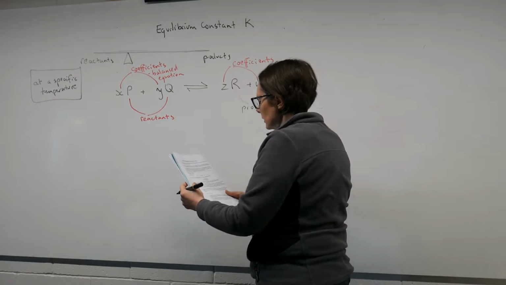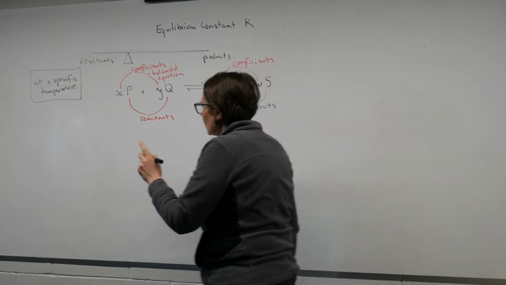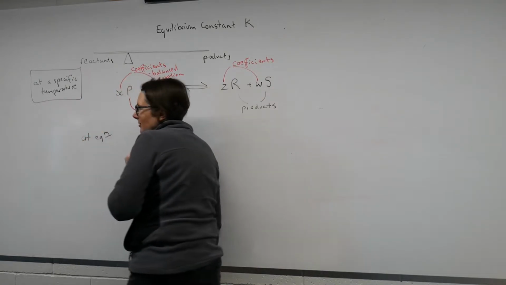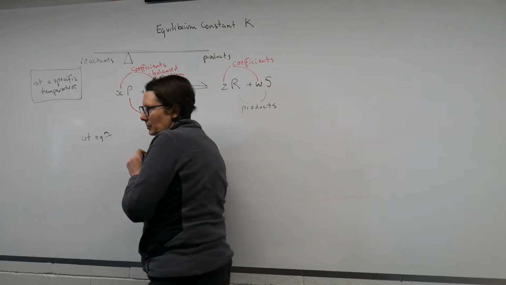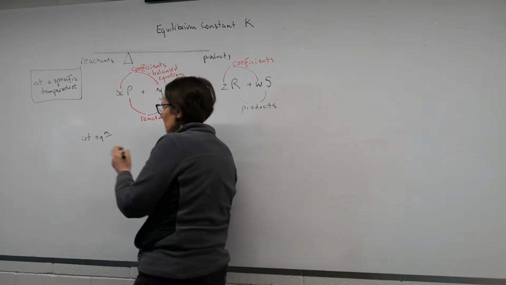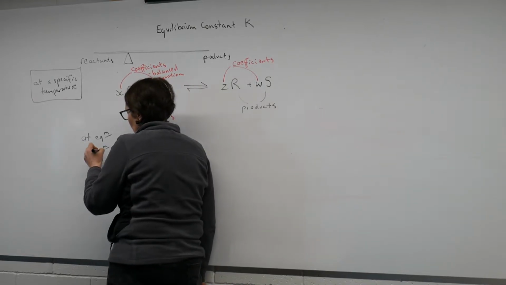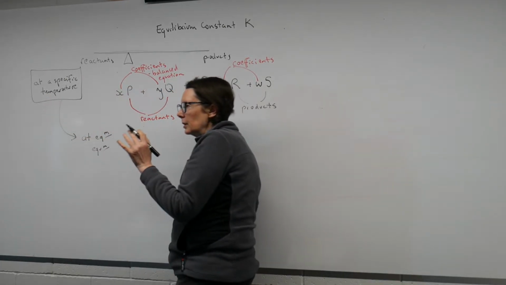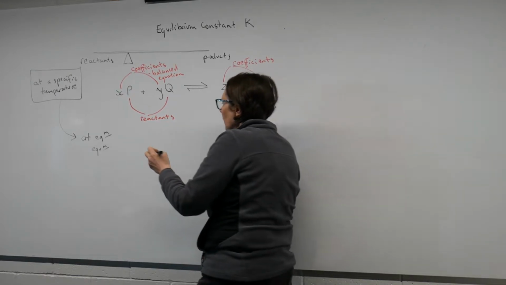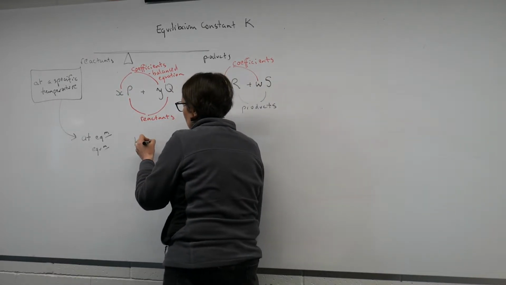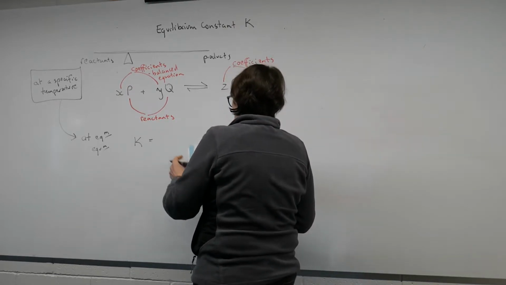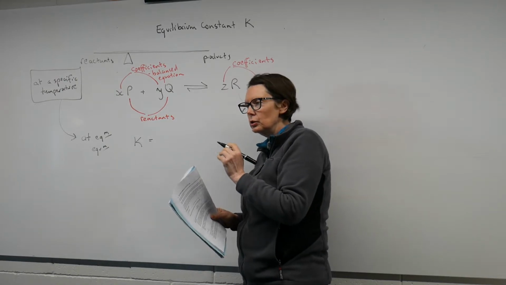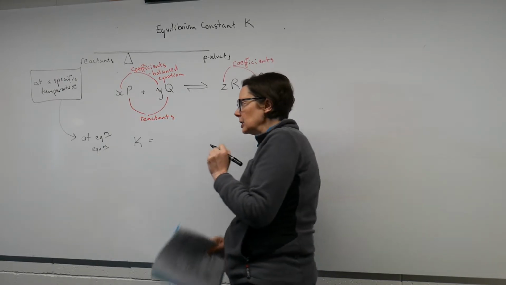And so what we can say is that at equilibrium, and that would be an acceptable abbreviation of equilibrium, at a specific temperature, remember that's really important, K is equal to the concentration, and we're going to use the shorthand of square brackets representing concentration.